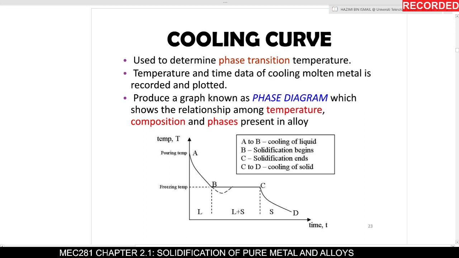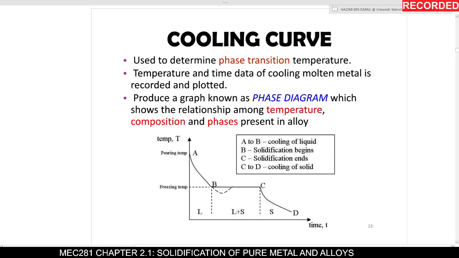It takes the time and how long it takes to change from here. L is liquid, LS is solid and liquid, and then finally you have only the solid, 100% solid here. So we have to record times, and then you plot the graph, and then you get the cooling curve graph here.